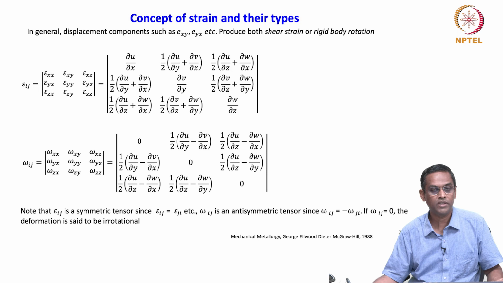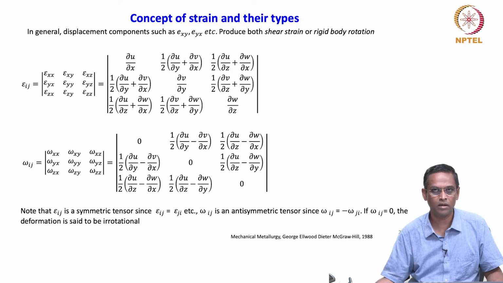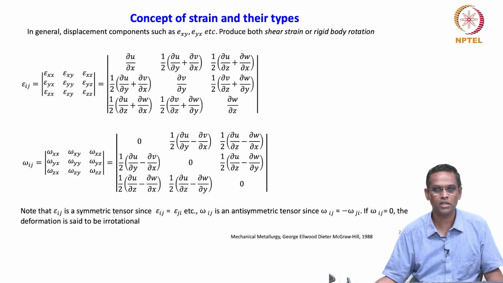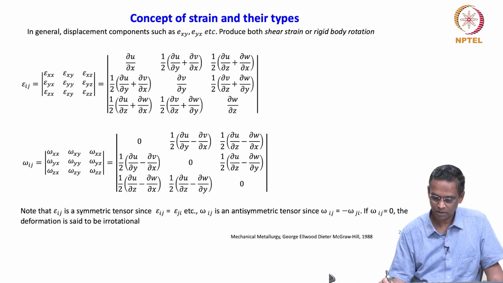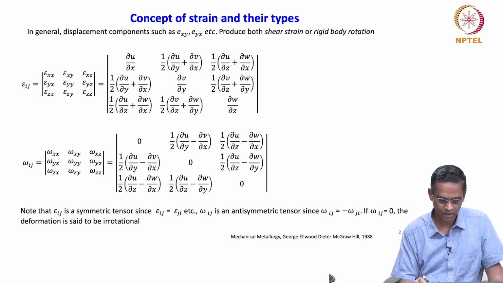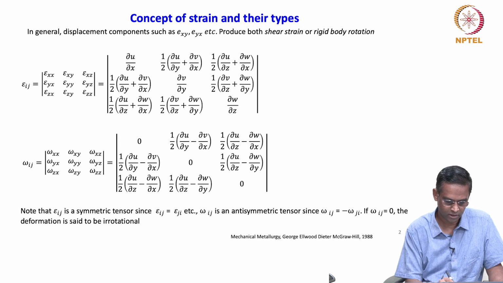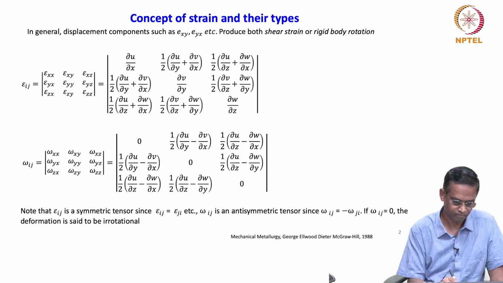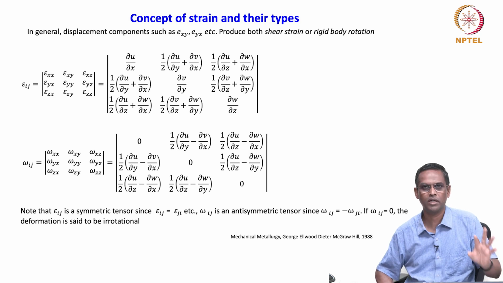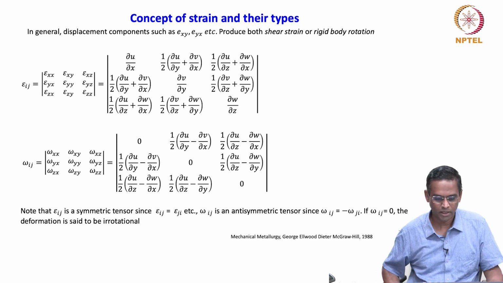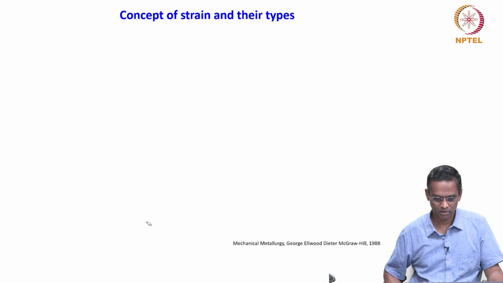So when we say that deformation can be linear, or it could be angular distortion involving rotation and so on, that can be easily represented by this rigid body rotation tensor. Okay, so this is useful. It looks like a very simple idea, but when you put it in the form of a mathematical equation, it gives you much more clarity.